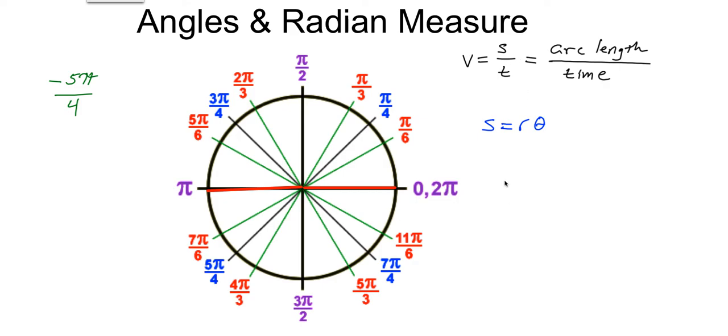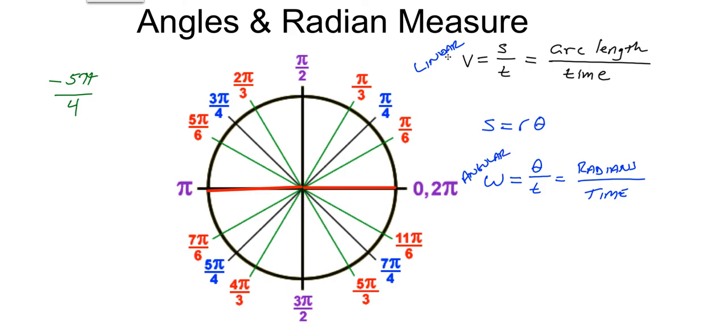The angular speed, which I'll call omega, is going to equal theta divided by t, or in other words, this is my radians divided by time. And that would give me my angular speed. So this up here is linear, and this down here would be angular.